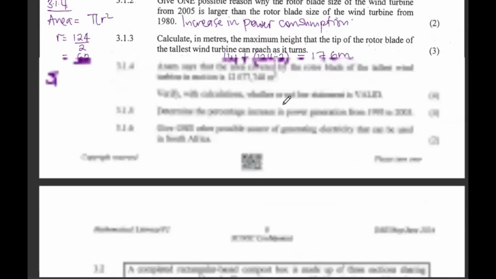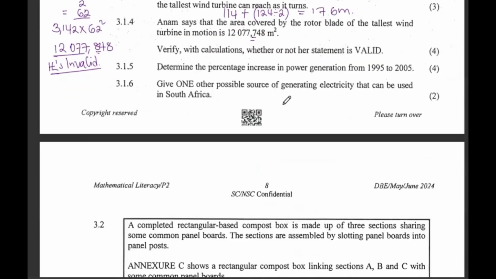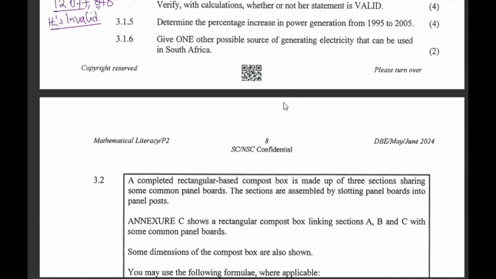All right, we look at the next question. 3.1.6. Give one other possible source of generating electricity that can be used in South Africa. We are looking at hydro, whereby they use water dams to produce power.